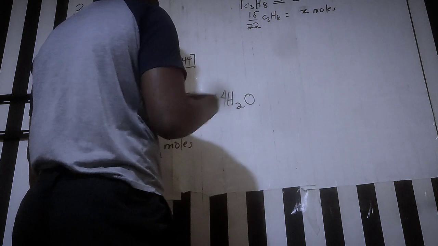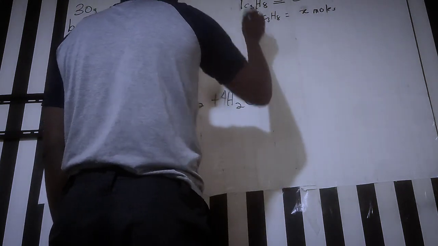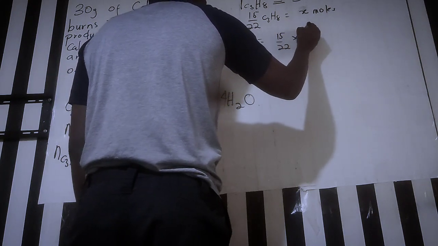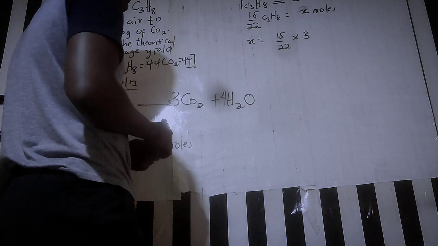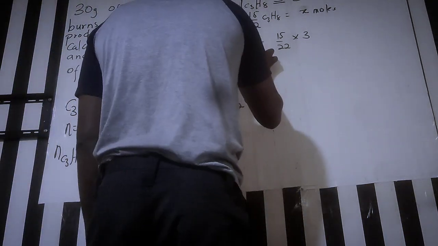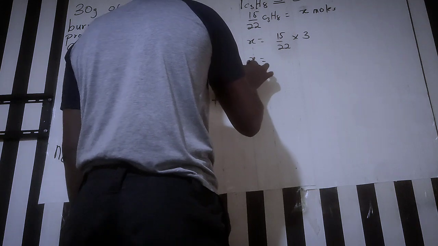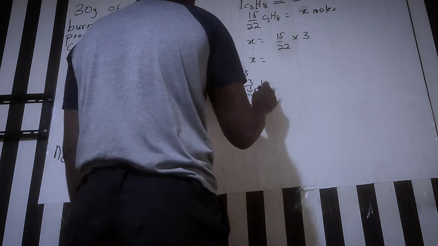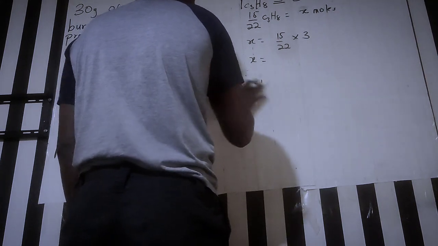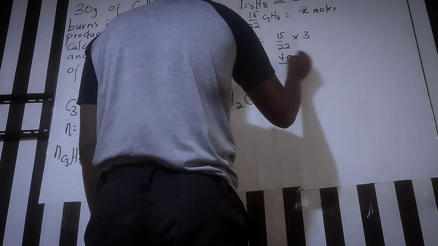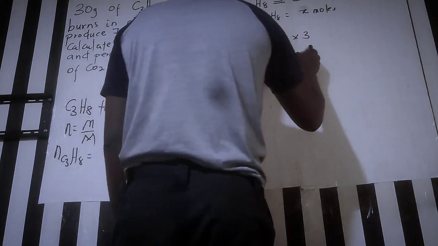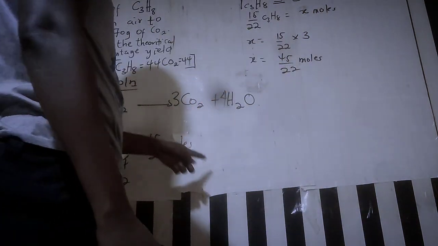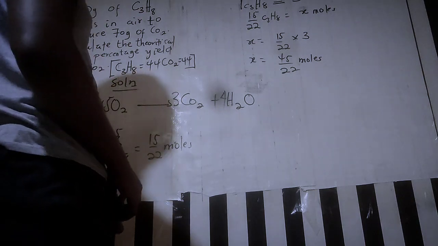So X is therefore equal to 15 out of 22 times 3. So X is equal to 15 times 3, we are having 45 out of 22 moles. So this becomes the number of moles of CO2 that is produced.